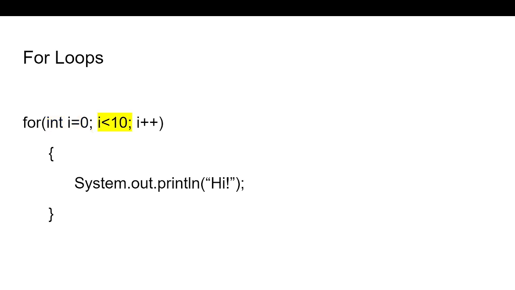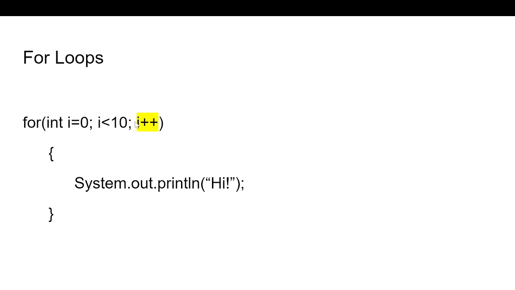Next, we say, repeat this. We don't know what this is yet, but we're going to do whatever we're going to do as long as our variable i is less than 10. So we start off i at 0, and we're saying that we're going to continue as long as i is less than 10. And every time, i++. i++ just means take i and add 1 to i.